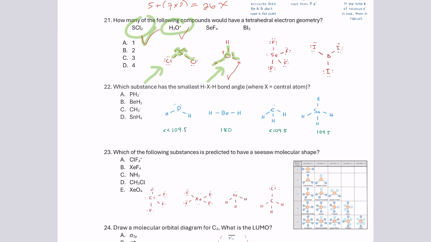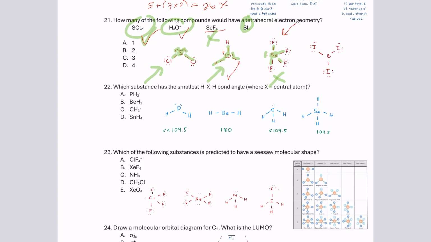Next, we have selenium tetrafluoride. When we draw out the Lewis structure for this compound, we notice that the central atom is surrounded by 5 electron-rich regions. So that's going to have a trigonal bipyramidal electronic geometry, not tetrahedral. And then finally, we have boron triiodide.